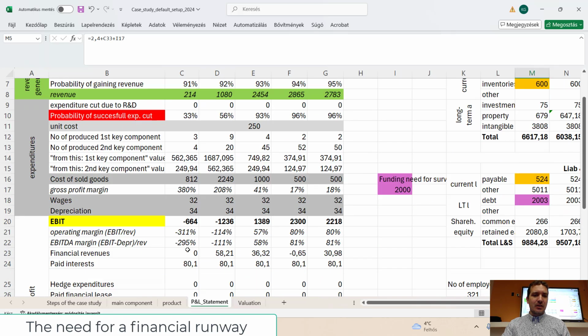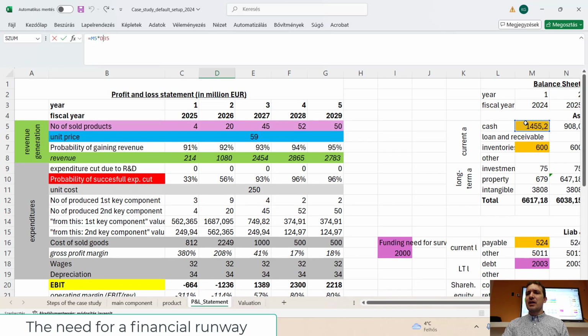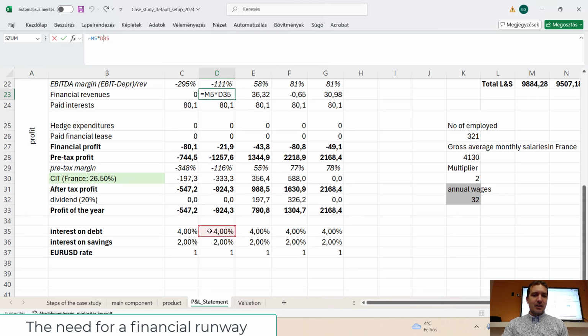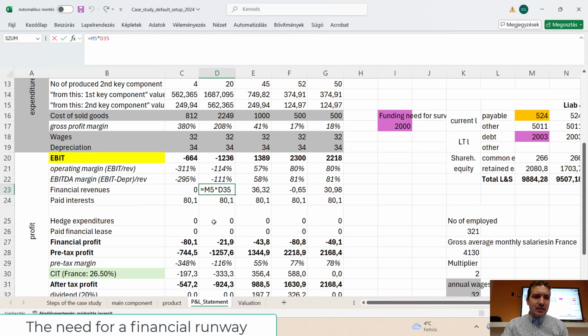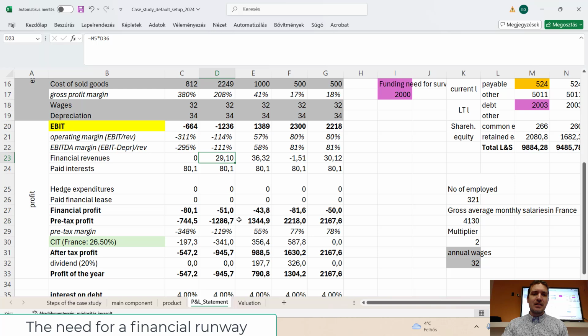Okay, so financial revenues. Okay, in the first year it's 0 because this would create confusion in the Excel. But after that, what remains after the first year? Then we can invest it at 4. Why 4%? This is revenues. Okay, this is a mistake. So it's 2% interest rate.